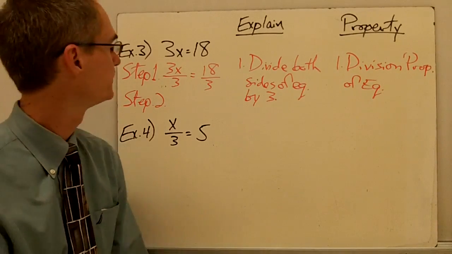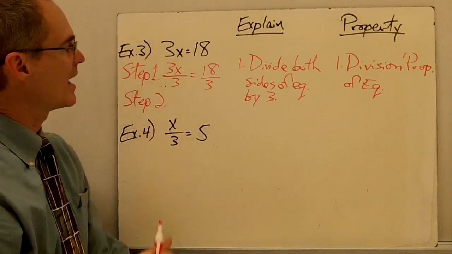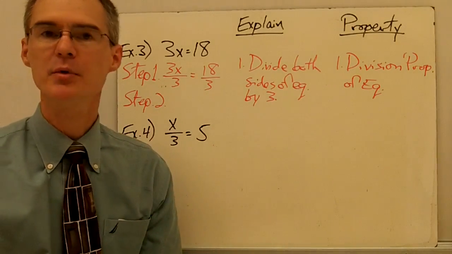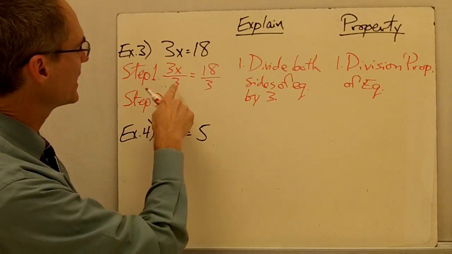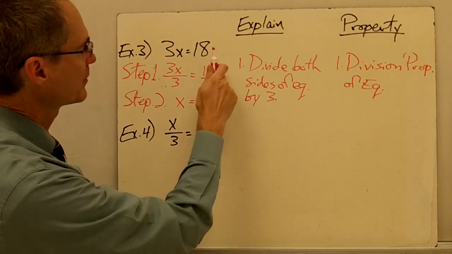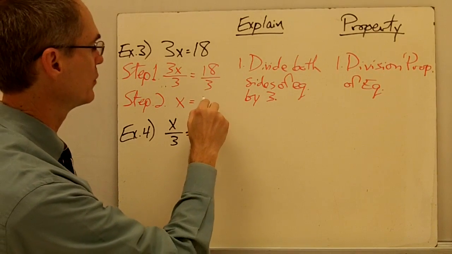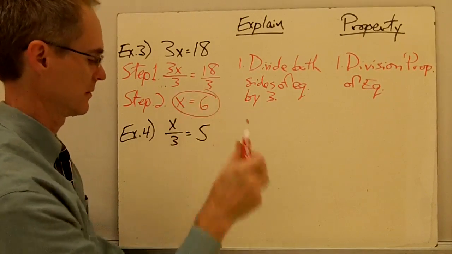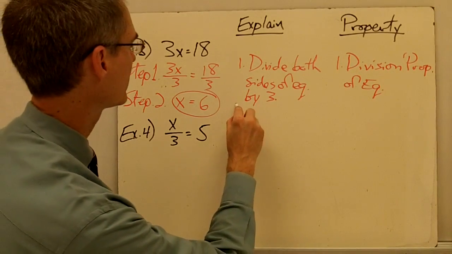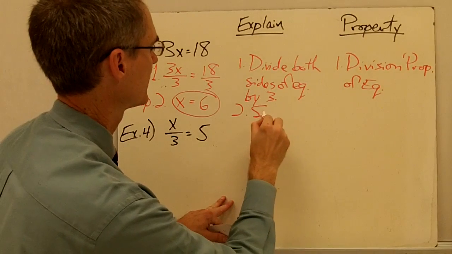Step number 2. In this case I'm not really combining like terms, but I'm doing something very similar to what I did before. I'm going to replace 3x divided by 3 with x, and I'm going to replace 18 divided by 3 with 6. I'm going to call that simplifying.